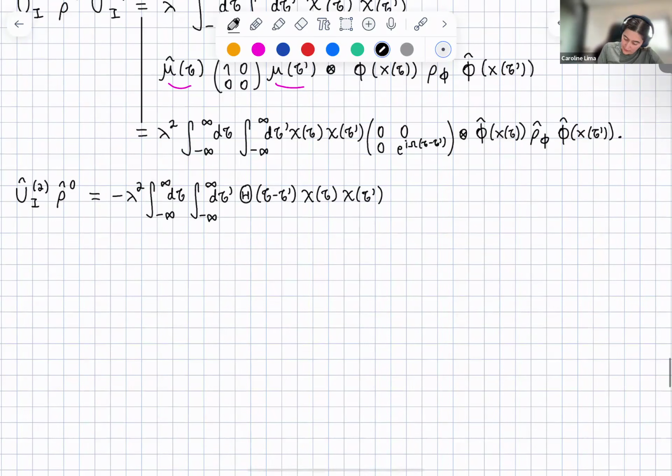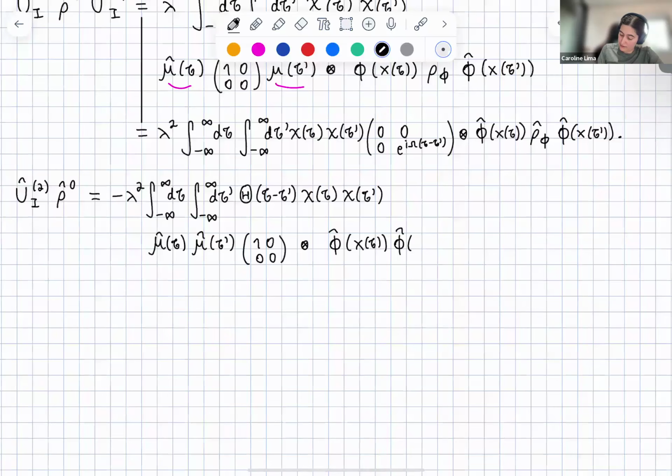And here I'll get a mu of tau times a mu of tau prime acting on my initial state of the detector, right? And for the field part, I'll have a phi of x of tau times a phi of x of tau prime, and then acting on rho phi.